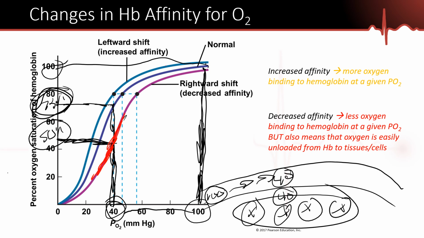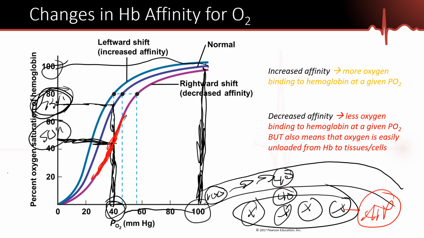And what would be the benefit of this? Well, what do the muscle cells need more of? The muscle cells need more oxygen, right? To make more ATP through oxidative phosphorylation. The muscle cells are contracting. Through that increased level of contraction, they're consuming more ATP. Thus, they need to make more ATP, and to make more ATP through oxidative phosphorylation, they need more oxygen.